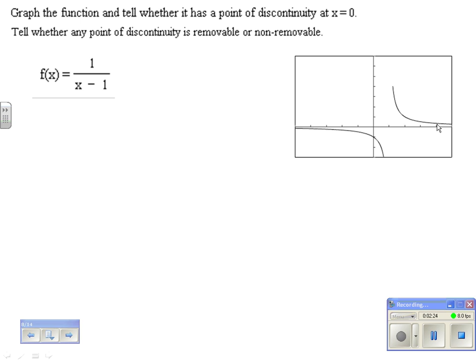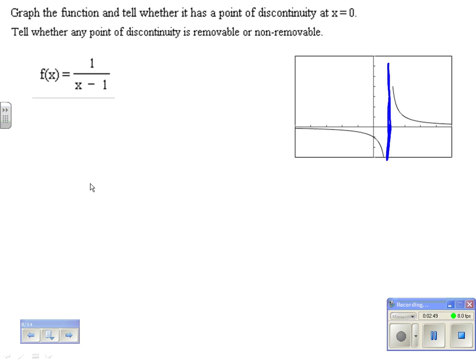So that means that this is discontinuous, and we want to know where it's discontinuous at. Well, if I look at my graph, it's discontinuous right here. Looks like a vertical asymptote right there at x equals 1. Okay, and then this would be considered a jump because we're going down, down, down, and then we jump way up here, and then we keep going down.